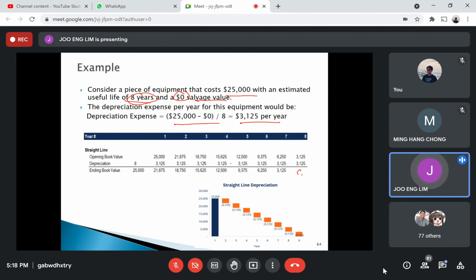You see at the end you come to zero. Every year is the same, so it's a straight line. When we say straight line, the rate of depreciation is the same. It's constant, so that's why we say it is linear.